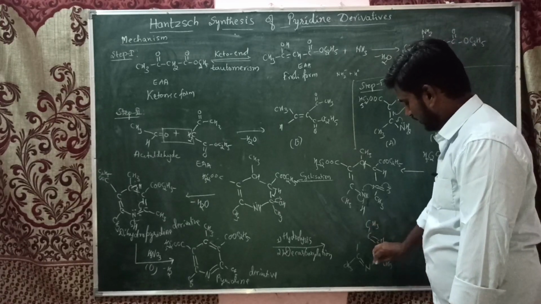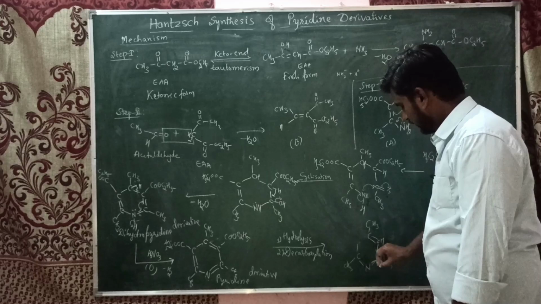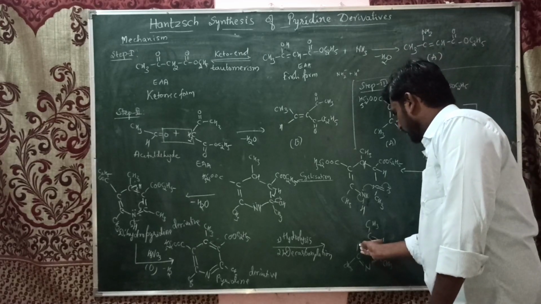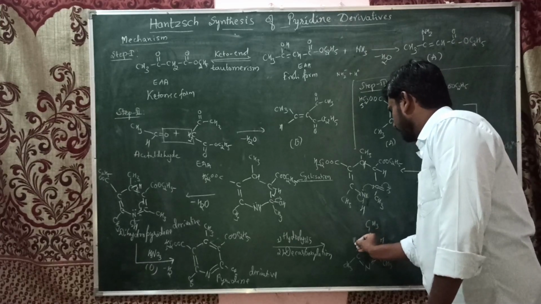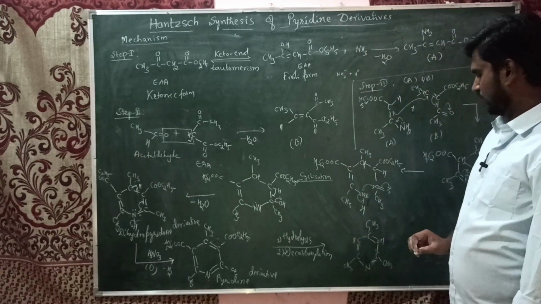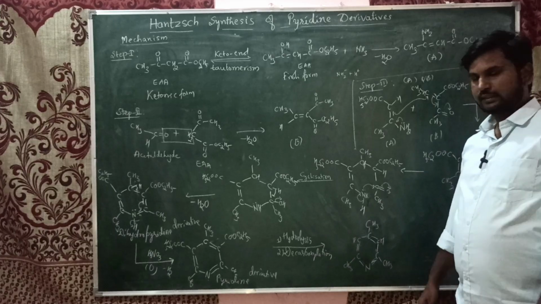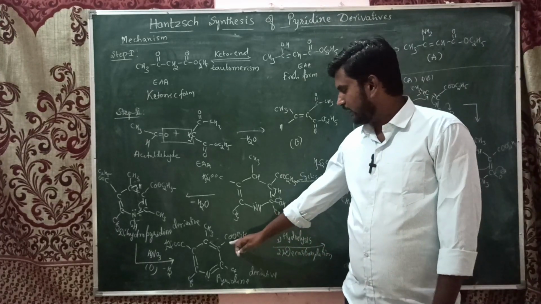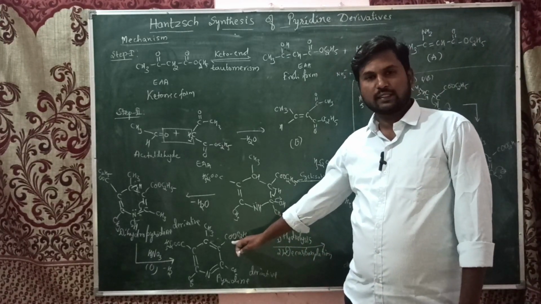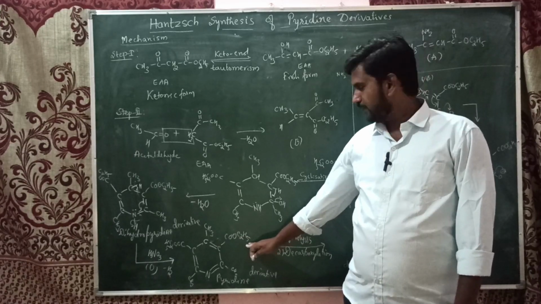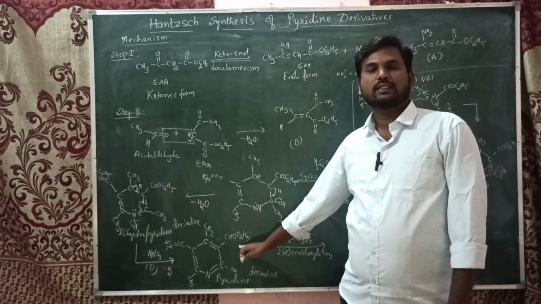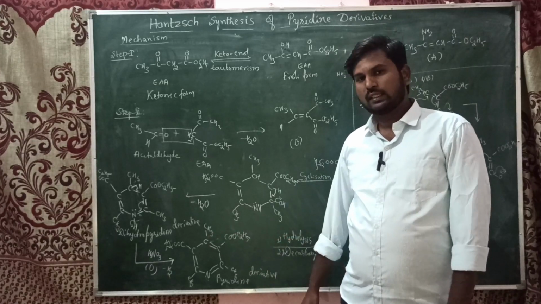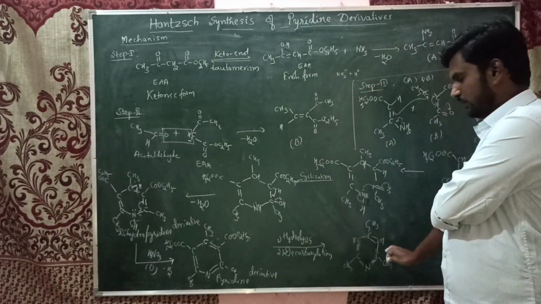Both are the same, giving the same product. You know, in the hydrolysis, these esters will be eliminated as carboxylic acid and alcohol. And in the decarboxylation, there is a removal of CO2. Only hydrogen is retained. That hydrogen I have written on this board.